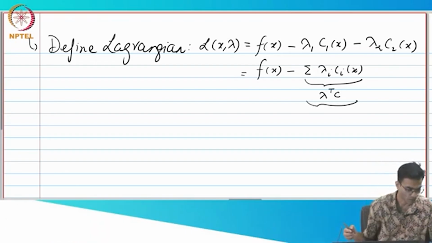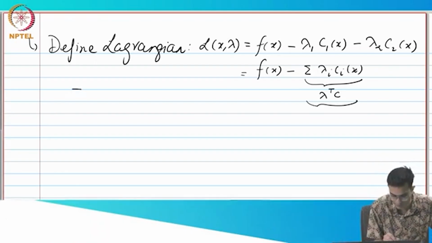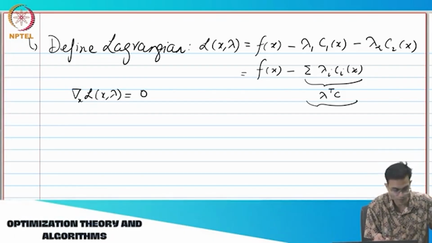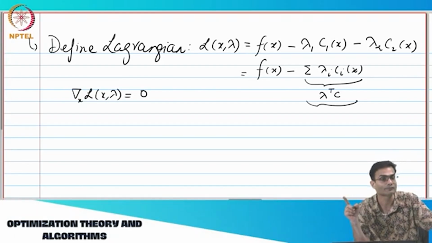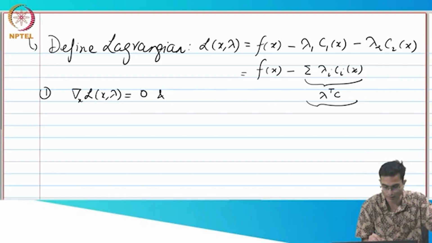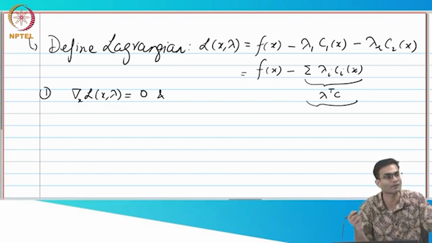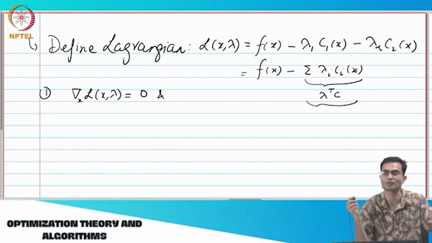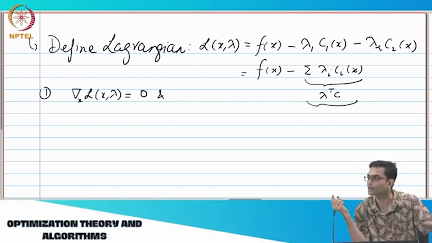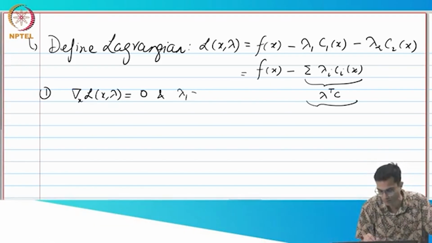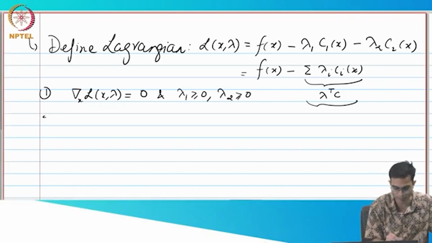Okay. So what is our condition once again? Grad with respect to x of L(x, lambda) should be 0, and what was statement 1? Lambda 1 and lambda 2 should both be greater than or equal to 0, because both are inequality constraints, right? This was statement 1.